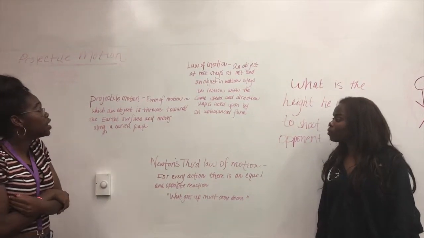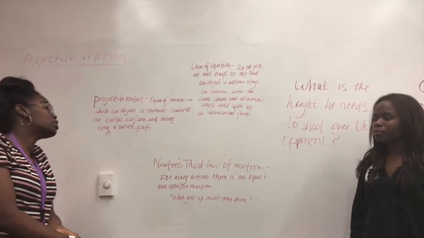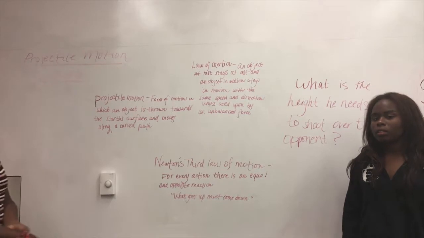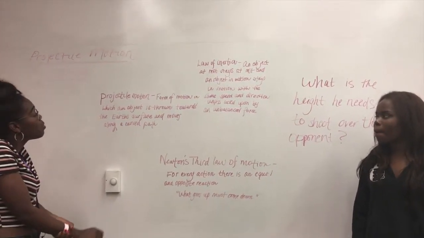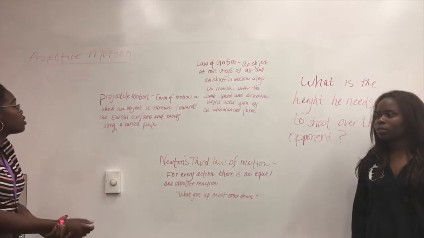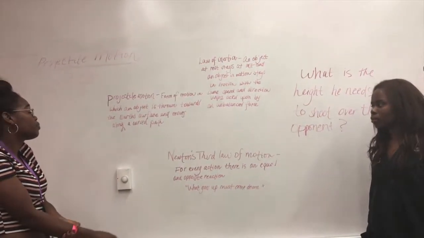Okay, these are a few definitions relative to what we're talking about, which is projectile motion. The first definition is of projectile motion, and it's a form of motion in which an object is thrown towards the Earth's surface and moves along a curved path.